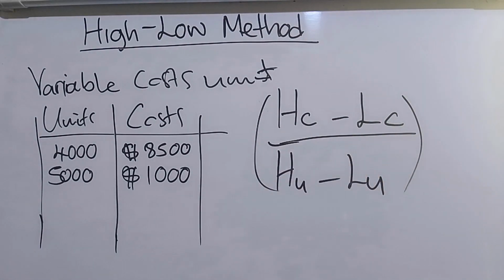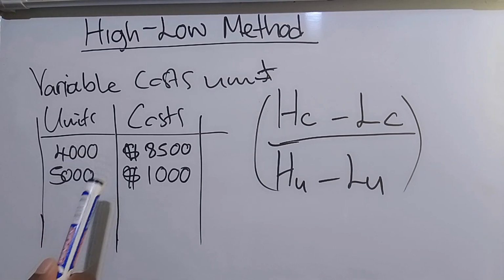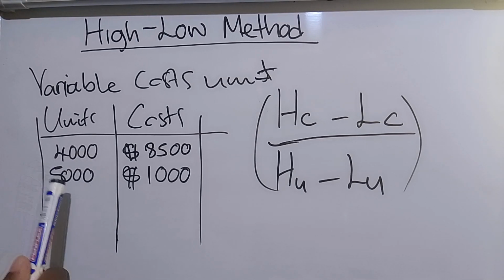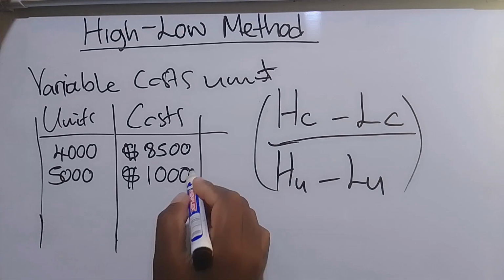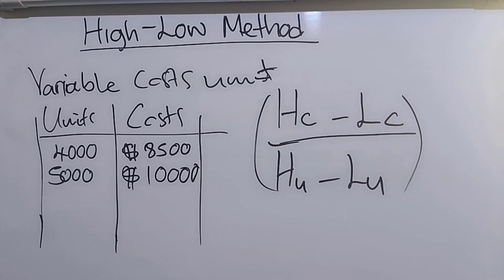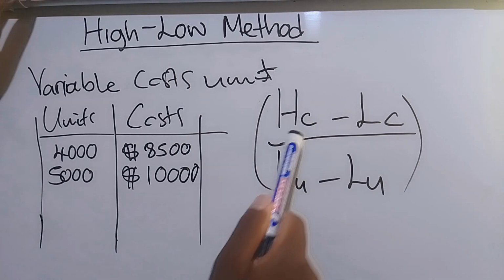The higher cost component relates to the cost of producing the highest units that will be given in the scenario. For example, in this example, our highest amount of units is 5,000. So the cost of producing 5,000 units, which is 10,000, is the higher cost.